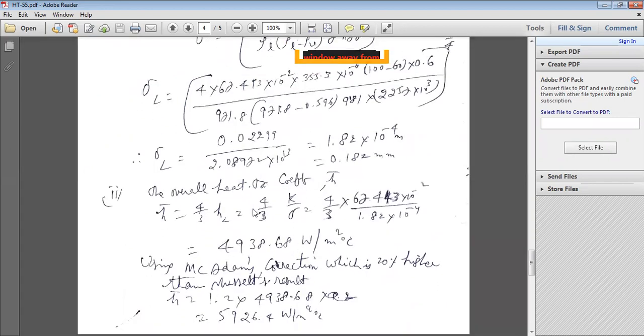Here, in the earlier problem, we calculated 1.2 into h bar into surface area and T saturation minus T_s. But here, before calculating heat transfer rate, we have calculated h bar with McAdams correction, 1.2 times of h bar. The 1.2 into 4938.68 gives h bar directly with the McAdams correction, 5926.4.